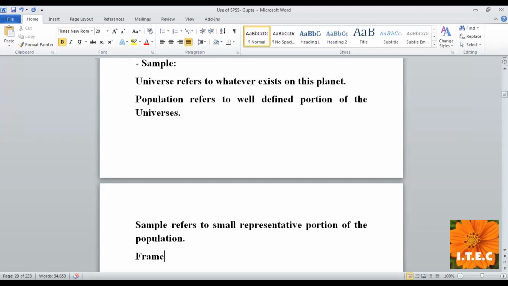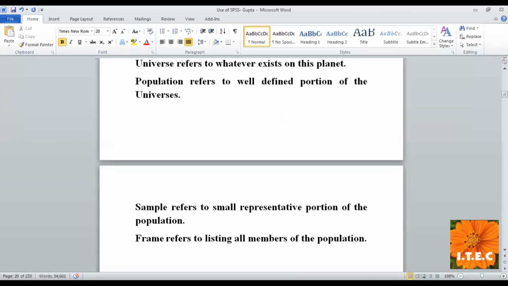So the frame means listing. Frame refers to listing all members of the population. So this is how we define frame.